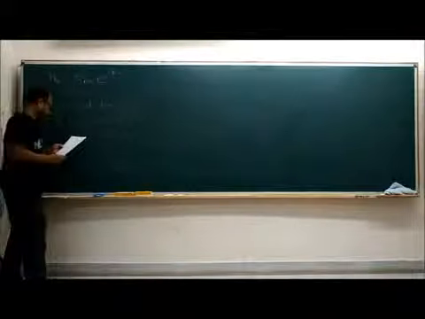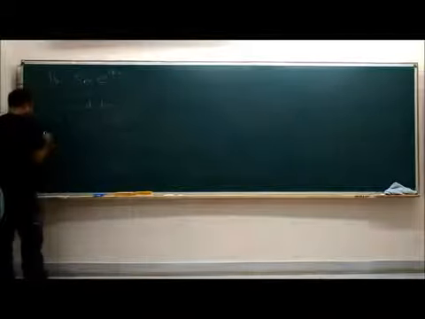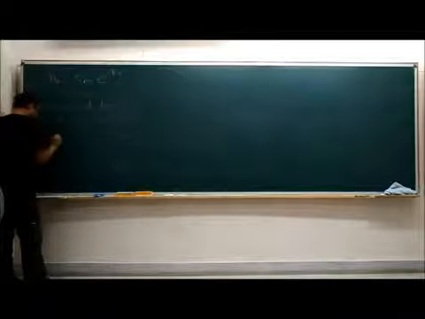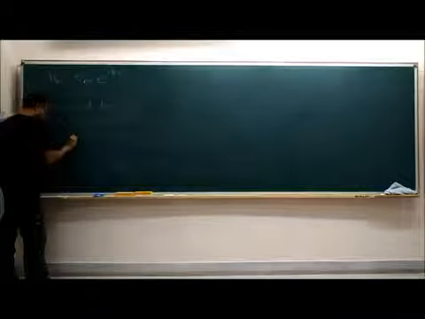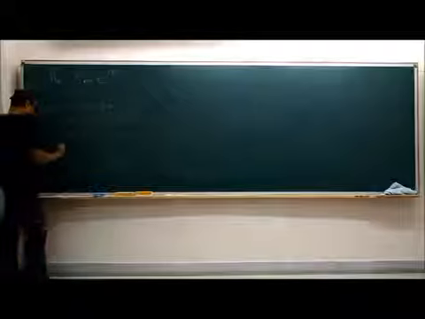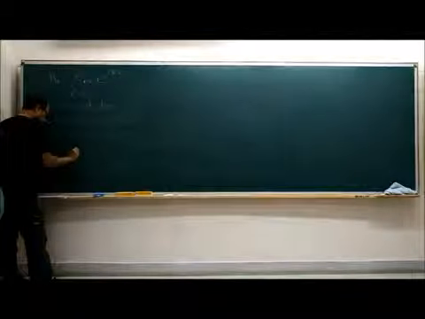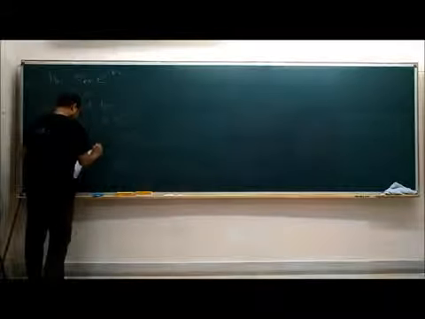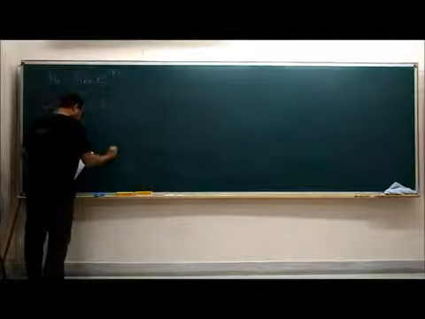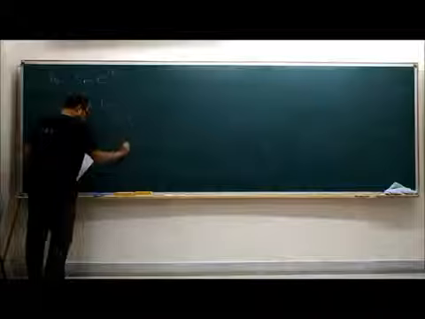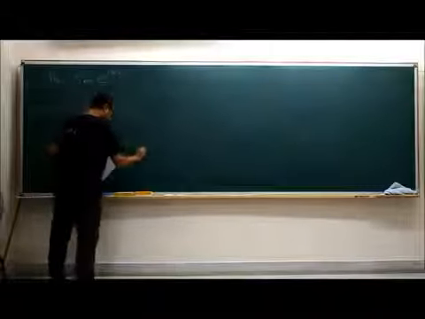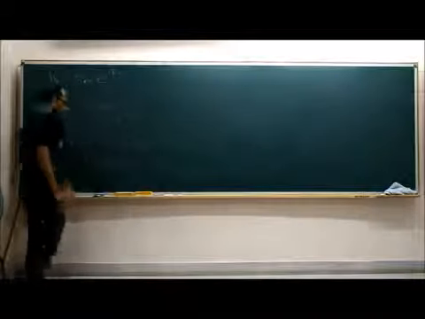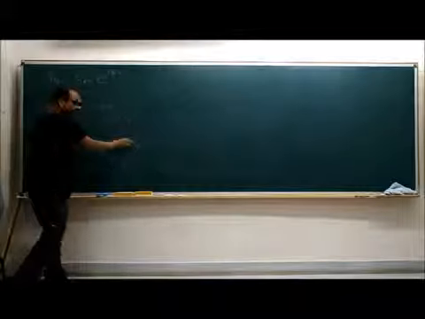And then we saw that there is a gauge transformation, which is e_μν goes to e_μν plus i(k_μ f_ν + k_ν f_μ), where f_μ are arbitrary constants.